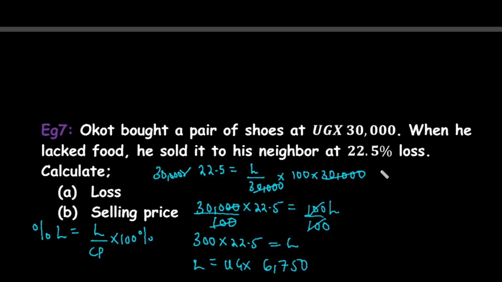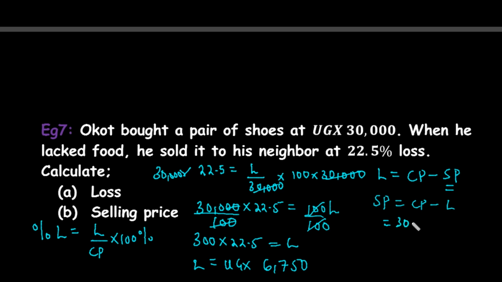Now part B, they want us to calculate the selling price. Remember, loss is equal to cost price minus selling price. We don't have the selling price, therefore we are going to make it the subject. So selling price is equal to cost price minus the loss, and this is equal to, what is the cost price?